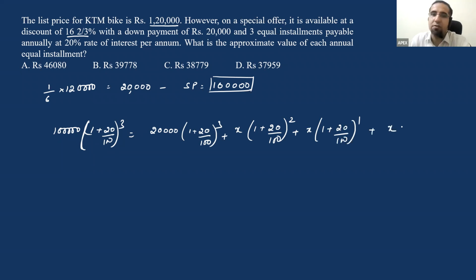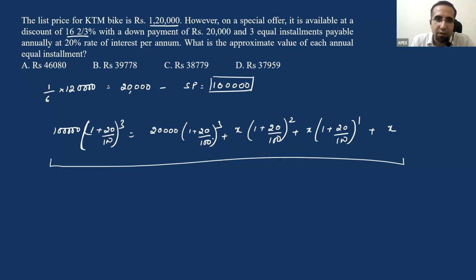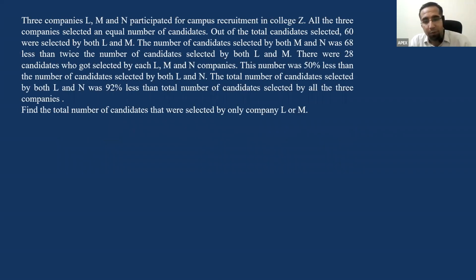And finally, the last installment. Clear? Once you solve this, the question becomes pretty easy, and then you'll be getting the final answer. So installments, I think it's a direct formula base. Since one question has already appeared, my advice would be please go back and revise the formula of installments as well. Clear? Right now, this is a very interesting question of Venn diagrams.